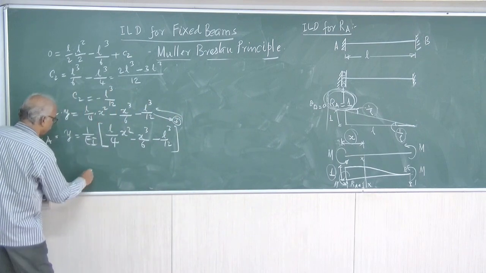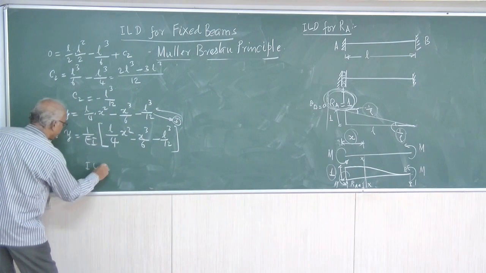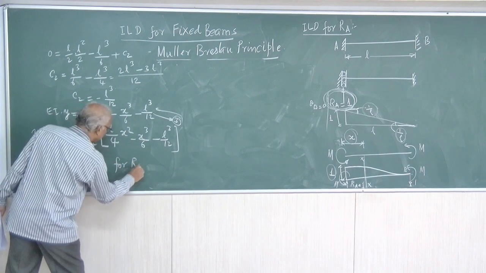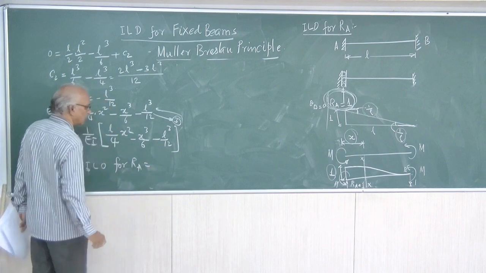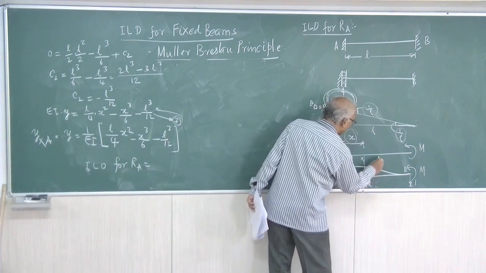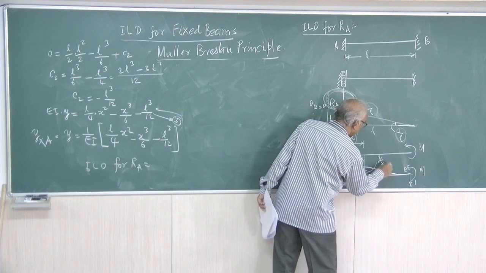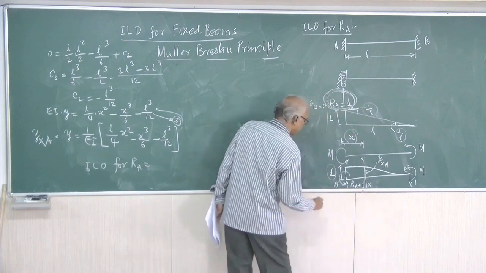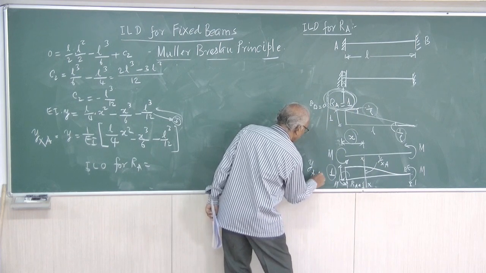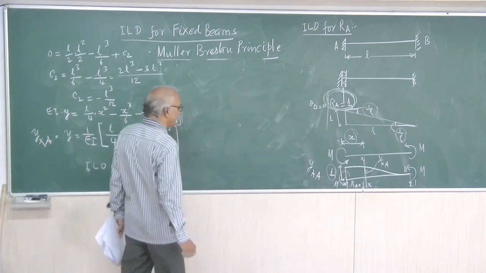Now, we know that the influence line ordinate for RA equal to the deflection at some point x due to unit force at A, divided by the deflection at A due to unit force at A, Yxa by Yaa.